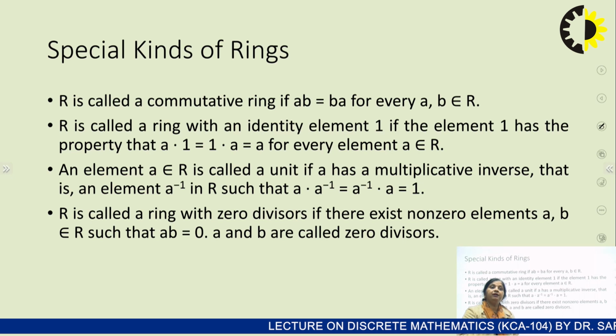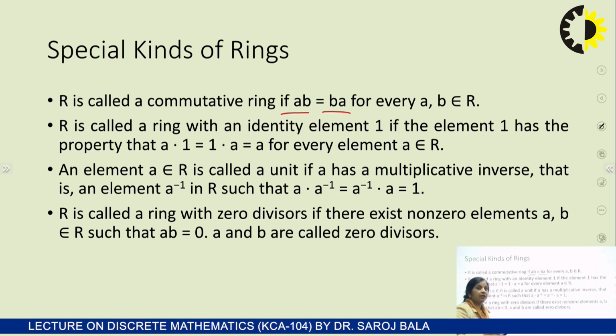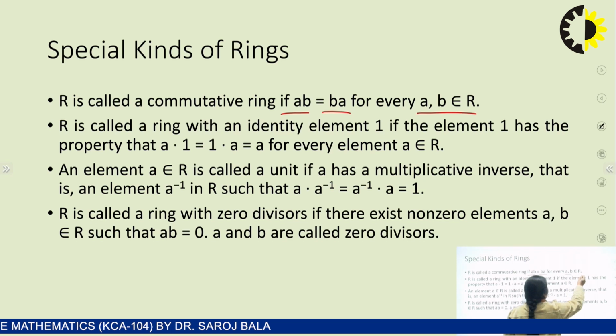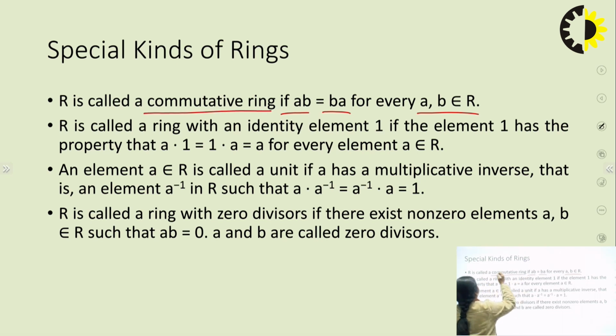If the commutative property also holds, it means if A into B is equal to B into A for all A, B belonging to R, that is the commutative property with respect to multiplication, then R is called a commutative ring. If the commutative property holds for the multiplication operation also, then we call it a commutative ring.